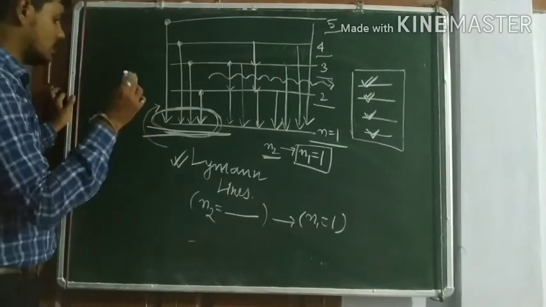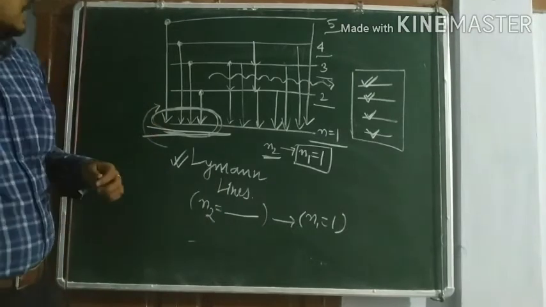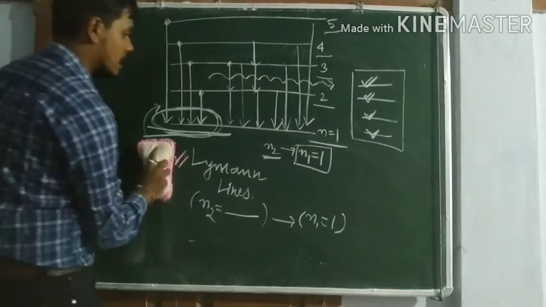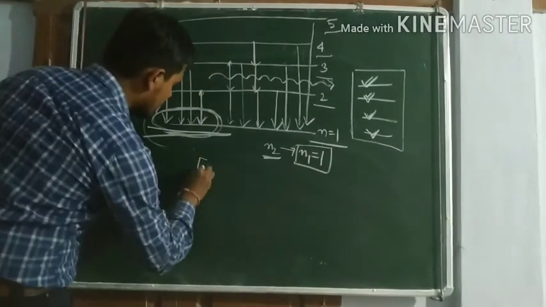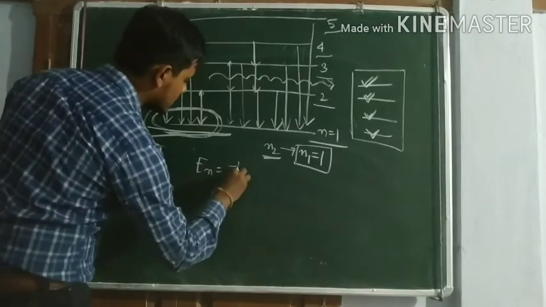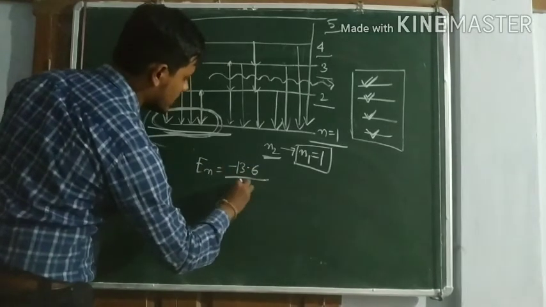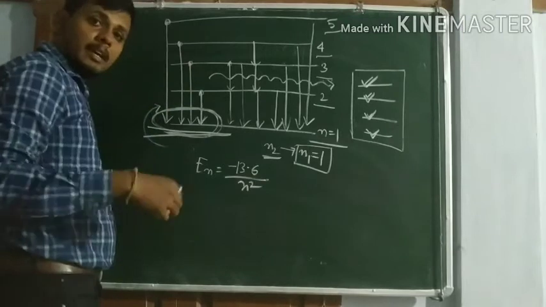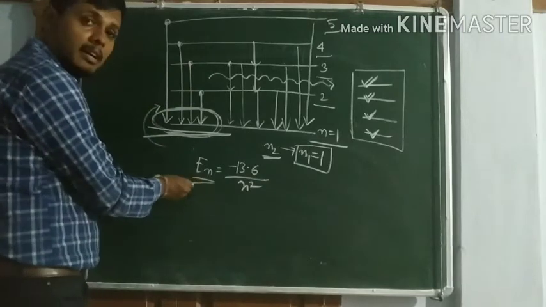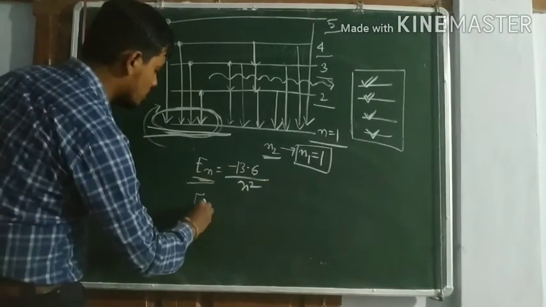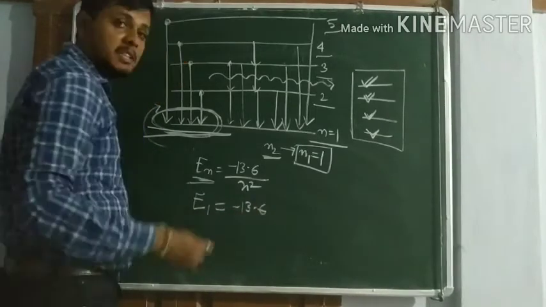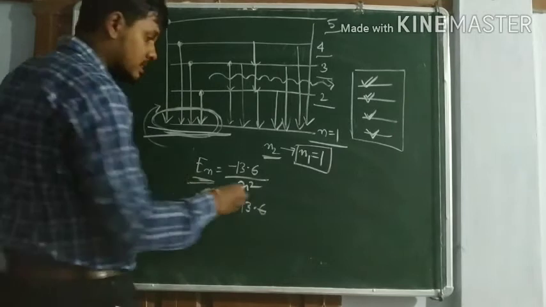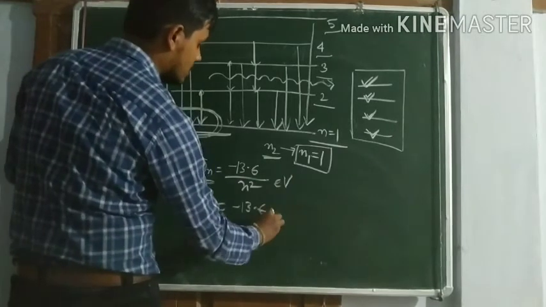So the energy of an electron in a particular state is En equals minus 13.6 by n squared electron volt. Here the electron returns from the nth state to the first state, so E1 is minus 13.6 electron volt.